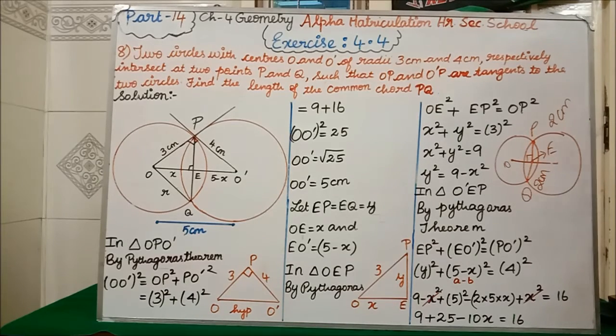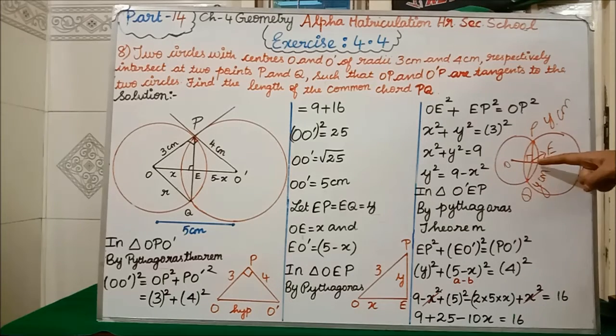But we don't know the PE value and the EQ value. Since we don't know the value, we take P to E as Y, and similarly E to Q we also take as Y. Clear?